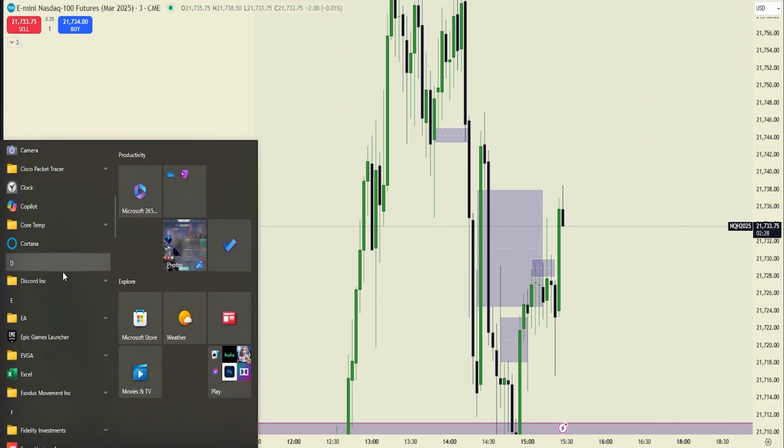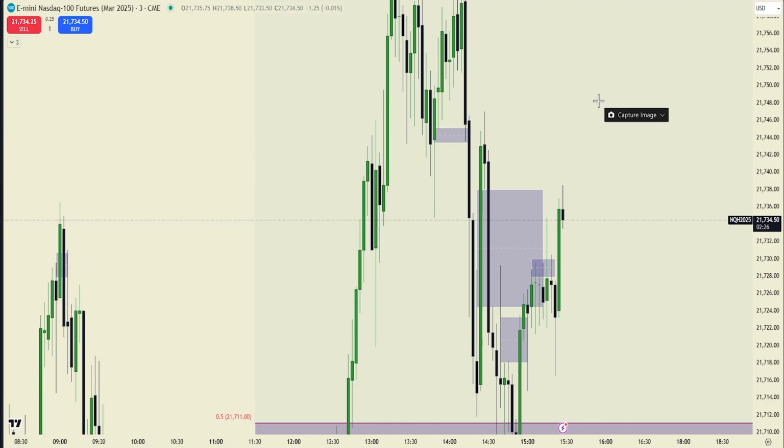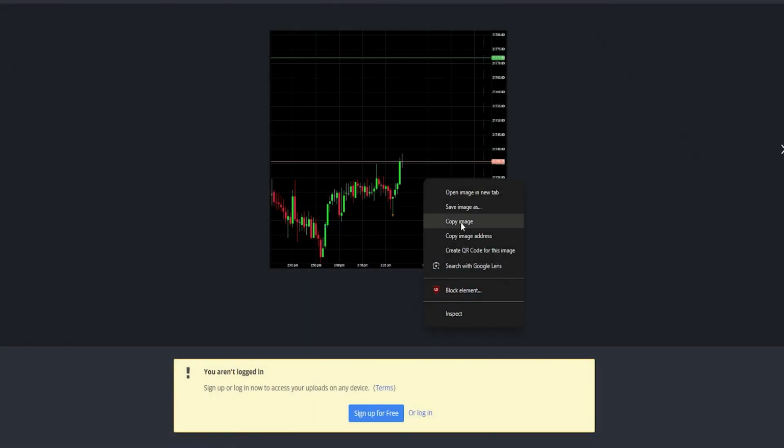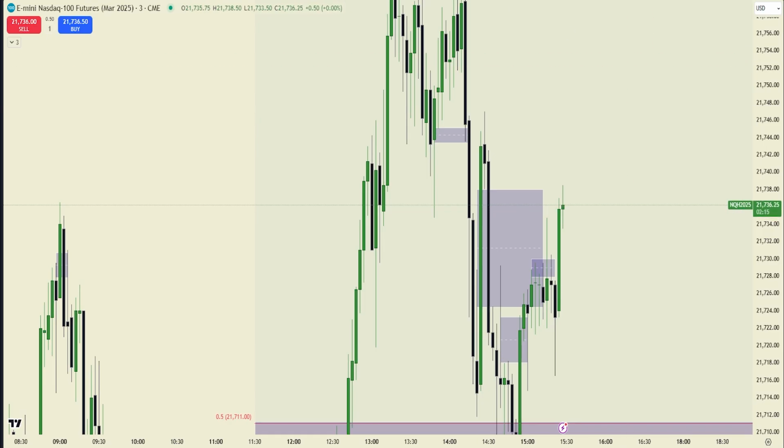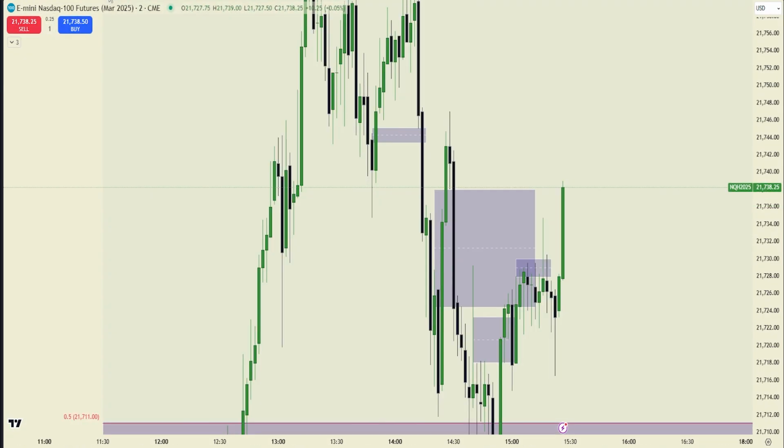And now it's working. So yeah, 2 minutes before the next 3 minute candle close. Hopefully we inverse the 2 minute here.